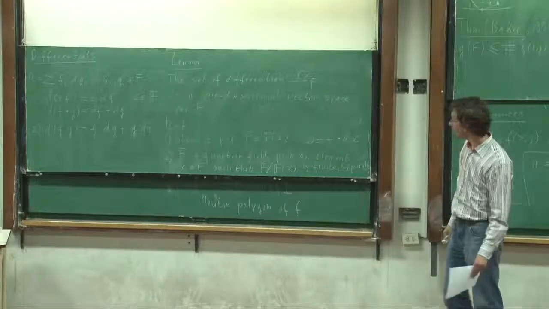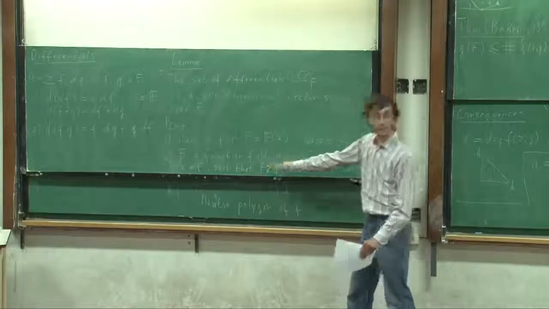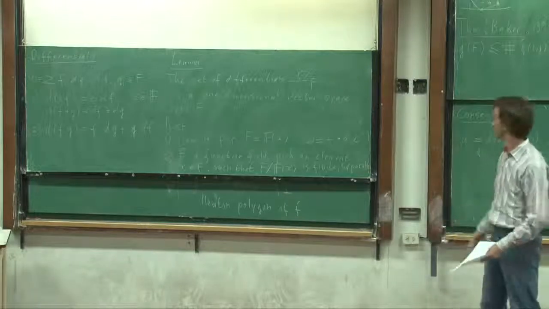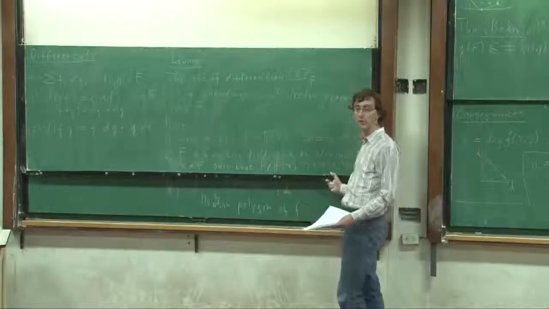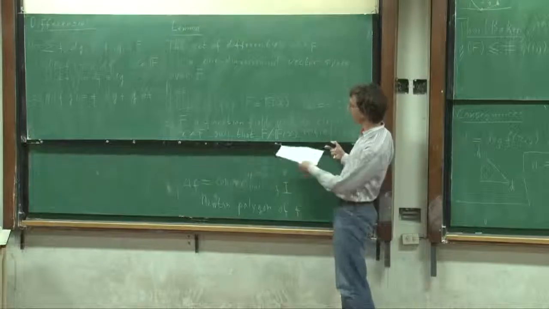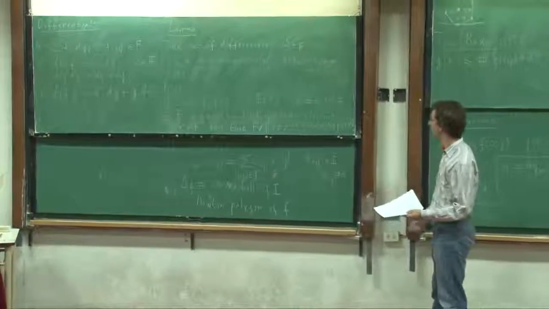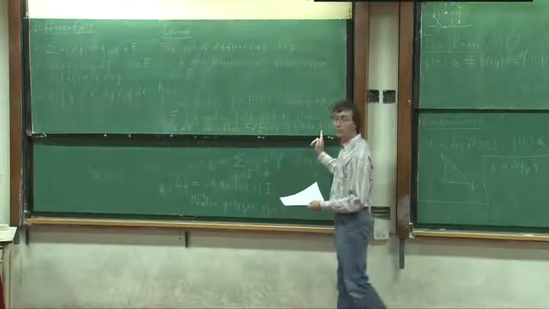You pick an element such that it is a finite extension. That's always possible, because that was in the definition of a function field. But now I also want this to be a separable extension. And this cannot always be done.